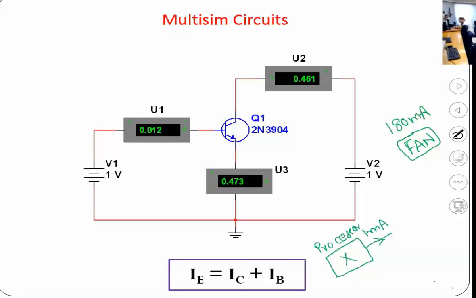Now, my application is, I want to run this fan using this processor. What can I do? Can I connect them directly?